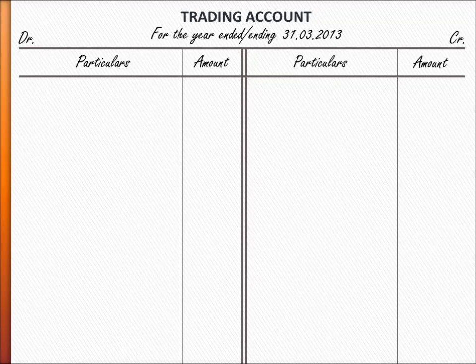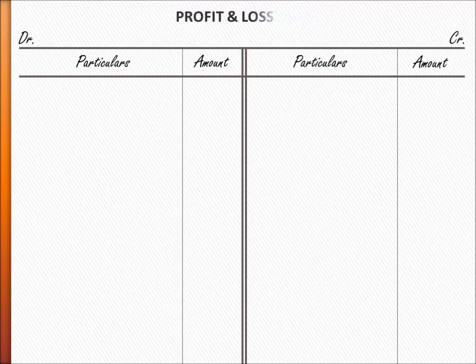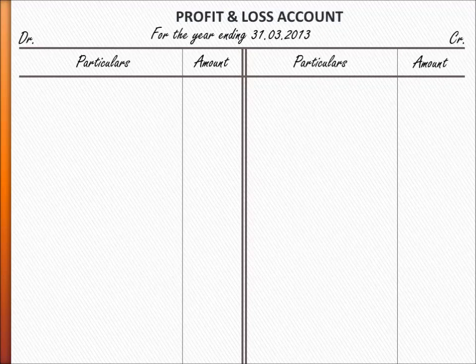And whenever we make the final accounts, I mean to say trading account, profit and loss account, and balance sheet, we always write down trading account for the year ended, because in our question, the year ended will be 31st March 2013. So we'll write down trading account for the year ending 31st March 2013, and profit and loss account for the year ending 31st March 2013.